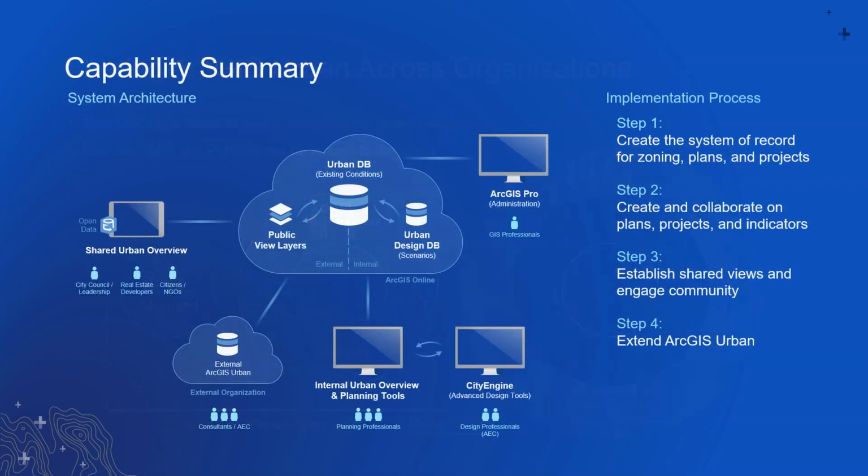So I want to do a coarse system architecture diagram just so you understand what we're talking about here. ArcGIS Urban is a system of record for your zoning, both the regulation as represented by a table and the geometries associated with it and the things that impact it, like overlays. It also includes your plans, which are representations of change to zoning for specific areas, and it also contains projects.